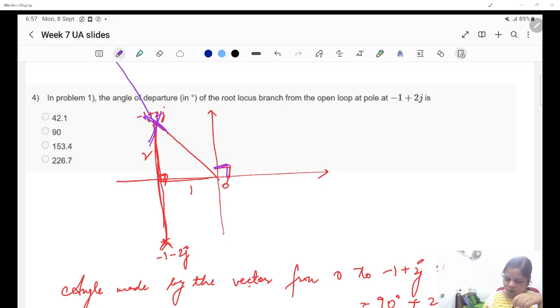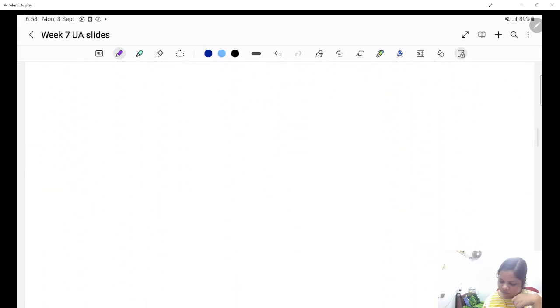Now from here it would go at 150 degree. This is the angle of departure from this pole. Okay, and it is along which asymptote? It is along 120 degrees. It departs from here along 120-degree asymptote. So we'll see at the end what is the root locus. But this is how you find angle of departure.